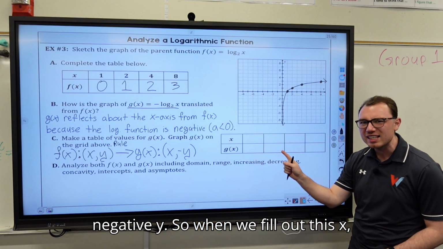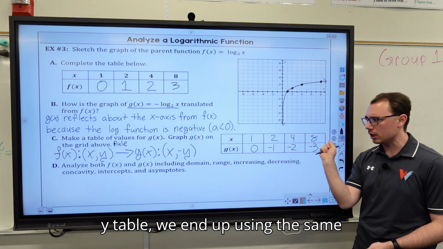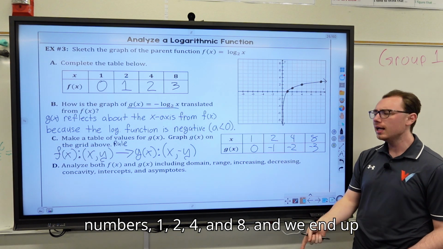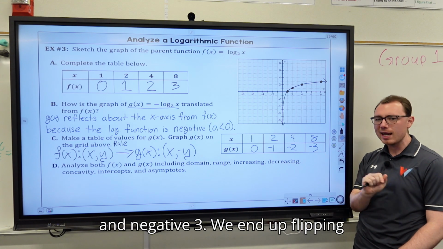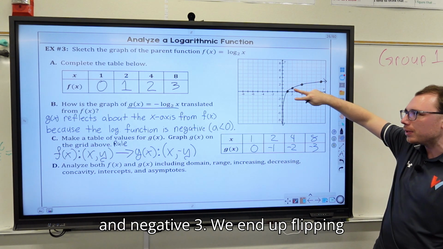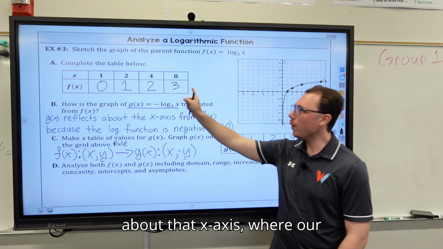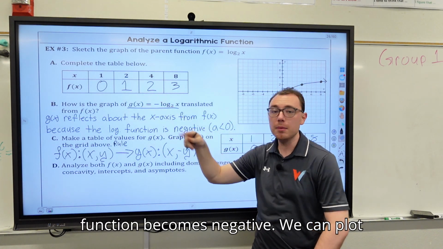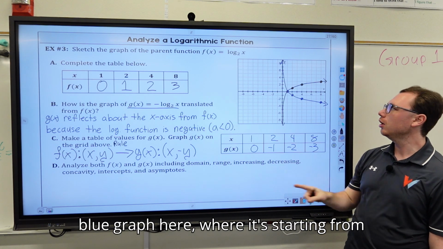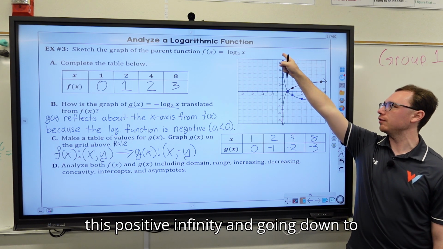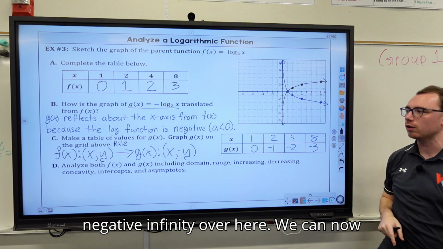So when we fill out this xy table, we use the same numbers, 1, 2, 4, and 8, and we end up getting 0, -1, -2, and -3. We flip about the x-axis where our function becomes negative. We can plot these on here, and we end up getting this blue graph, starting from positive infinity and going down to negative infinity over here.